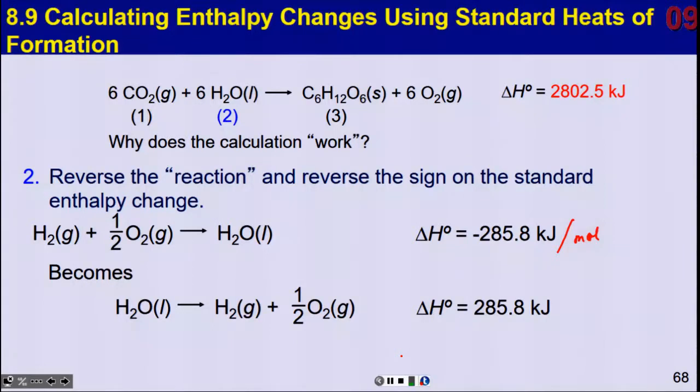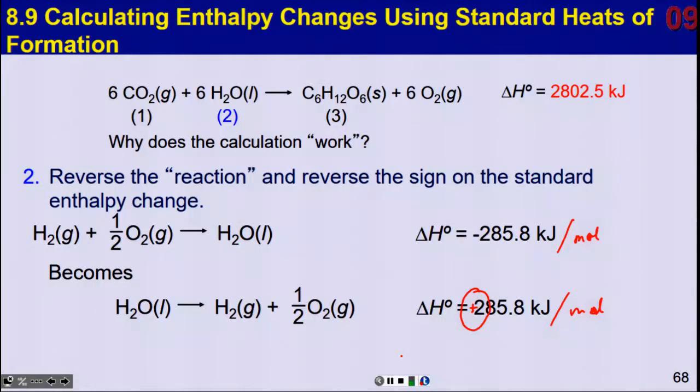And if we're not going to use it as water on a product side, we'll flip the reaction around and reverse it to change the sign. Now it's a positive 285.8 kilojoules per mole. If you're thinking of the water dissociating to make hydrogen and oxygen, not that we're specifically doing it here, but mathematically, our standard heats of formation can be used in reverse. The reverse of a reaction has the opposite sign for the enthalpy change.